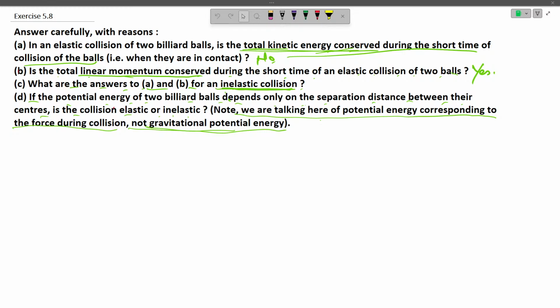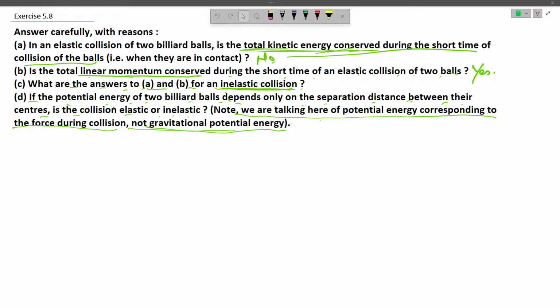So during the short term of collision, total kinetic energy is not conserved. In an elastic collision, while the total kinetic energy of the system is conserved before and after the collision, during the actual contact between the balls, some of the kinetic energy is temporarily converted into potential energy due to the deformation of the ball. That's why it is not conserved during the collision.